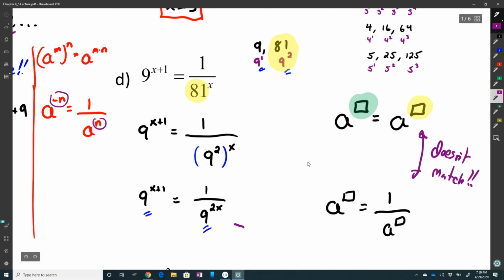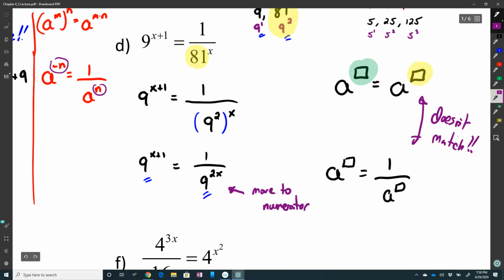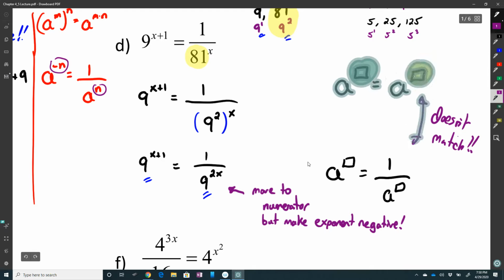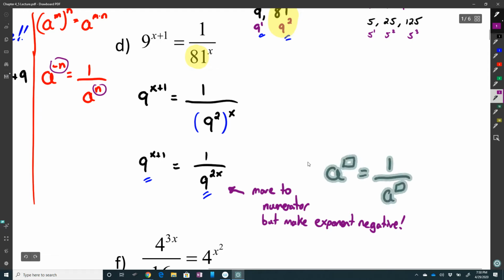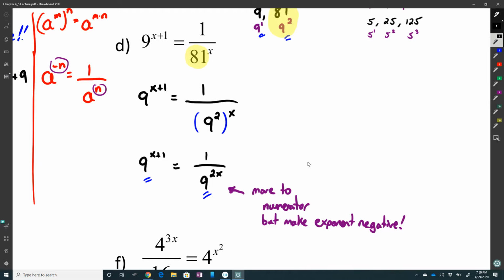So we're going to move it to the numerator, but the cost of doing that is you have to make the exponent negative. Let me erase this stuff over here. All right. So I have 9 to the x plus 1 equals 9 to the negative 2x.